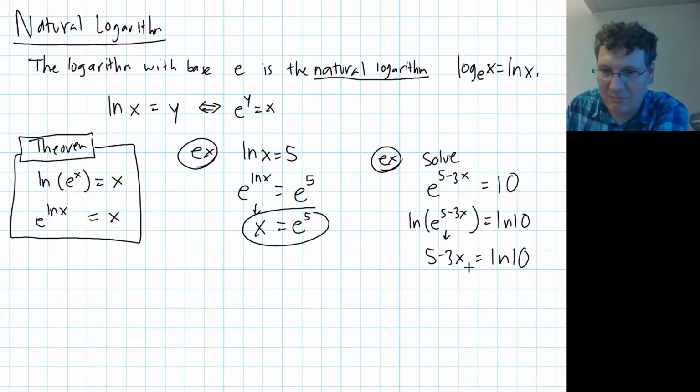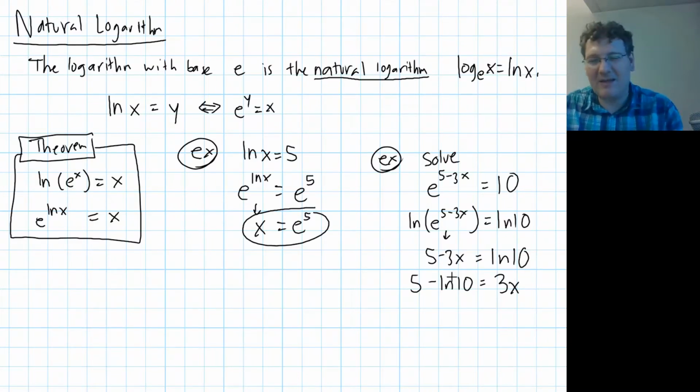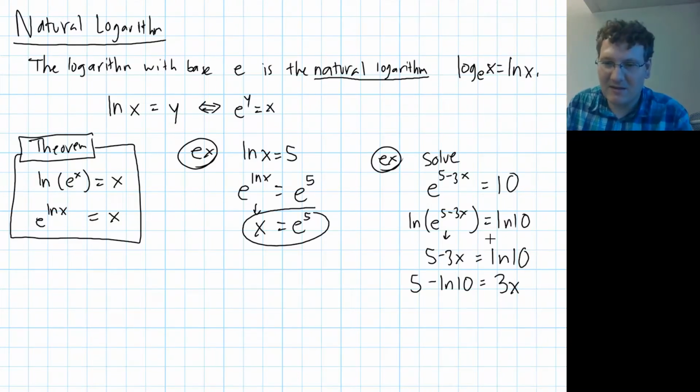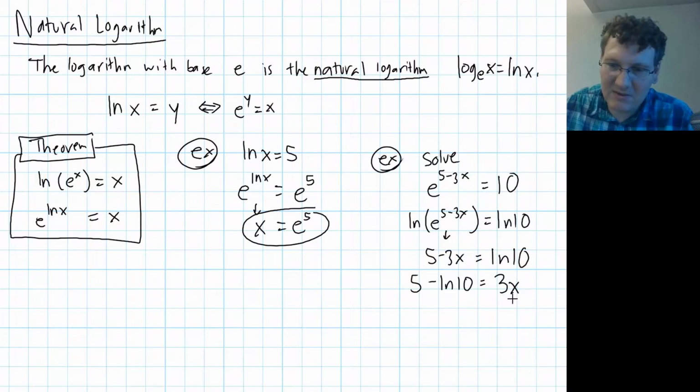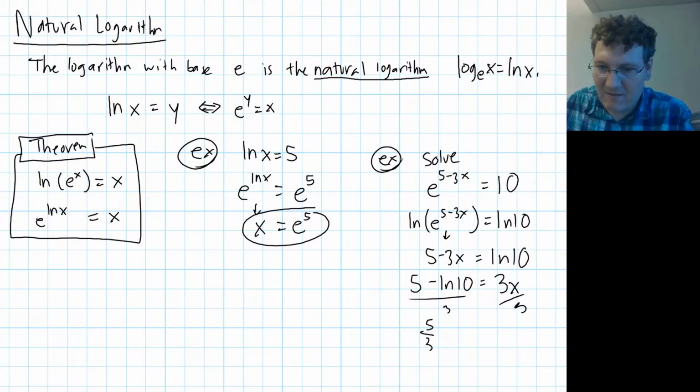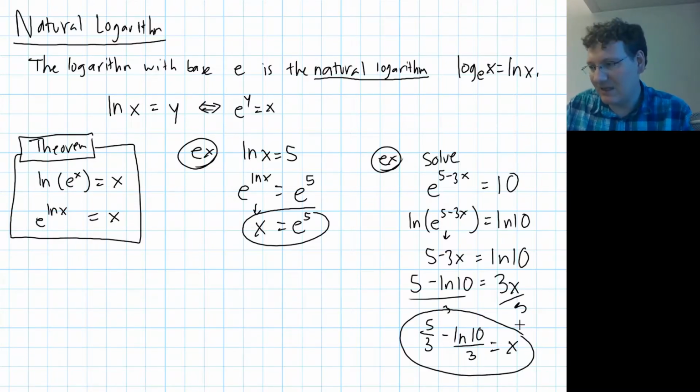Let's subtract the natural log of 10 from the left-hand side, and add 3x to both sides. I just like to have the positive x, so I don't have to deal with dividing by negative numbers. Now I'll just divide both sides by 3. And so we can say 5/3 minus the natural log of 10 over 3 is equal to x. And so that's the idea.